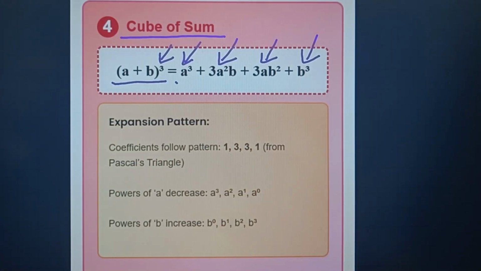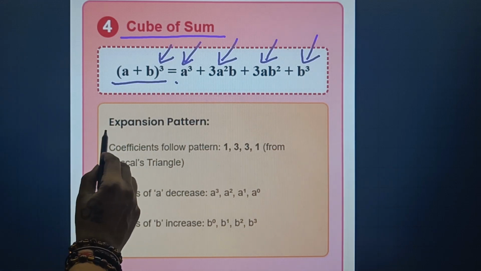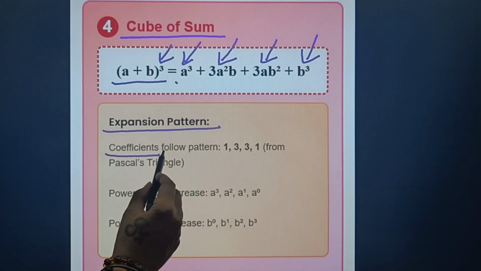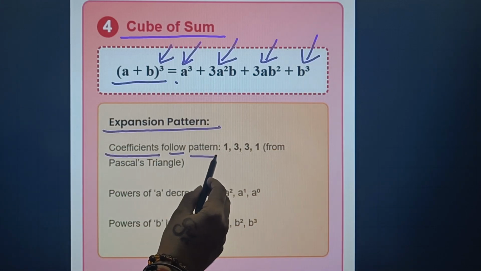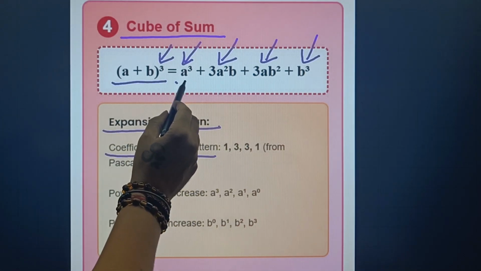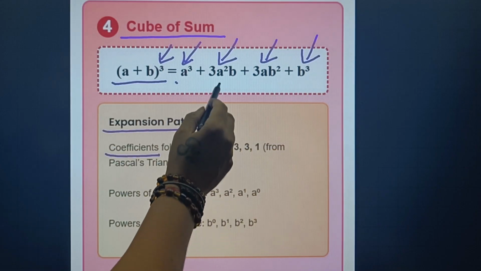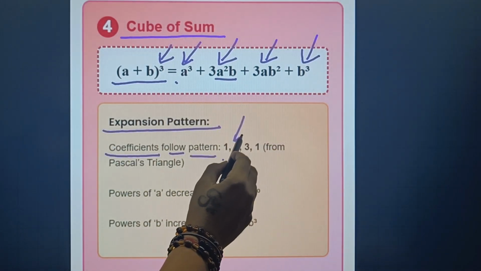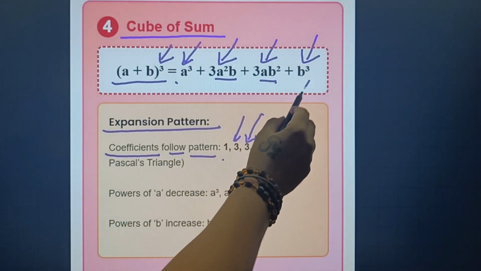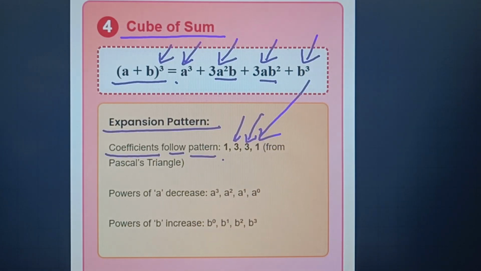Now we can understand with the help of this expansion pattern. Coefficients follow a pattern. That is, the coefficient of a cube is 1, a square b is 3, ab square is 3 again, and b cube is 1.